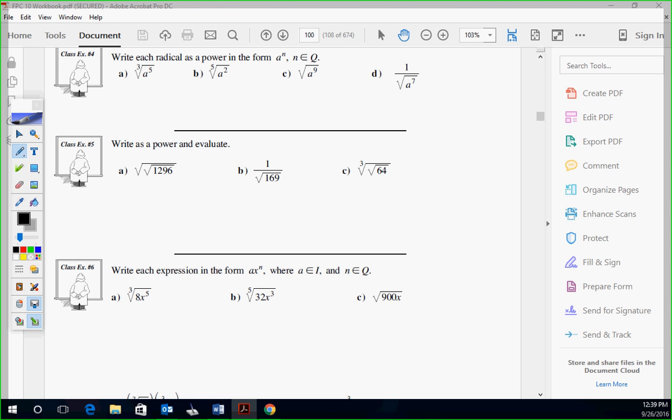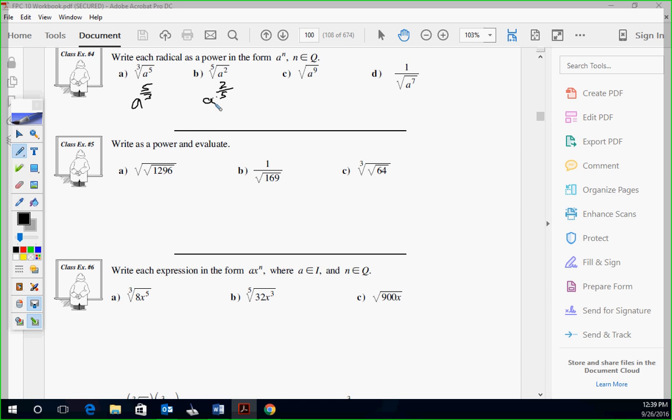So we're writing this as exponents now. Okay, so that means this is going to be a to the 5/3. Cube root on the bottom, 5th on the top. This one here, 2/5. A to the 2/5. That looks like a 9. Okay.